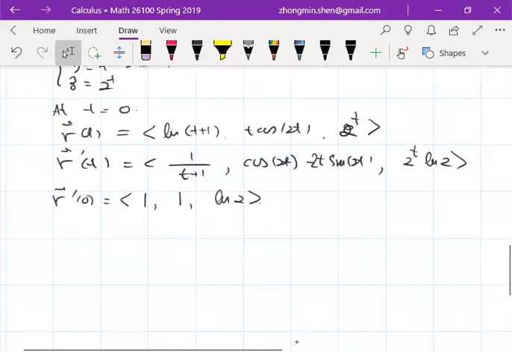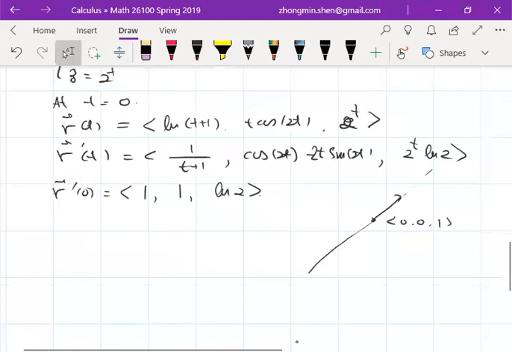So this is a tangent vector. Once you have a vector and a point, you can find the equation for the straight line. I think I should use a different notation for that one. The straight line, you can use a vector function to describe it, then write down the parametric equations later.